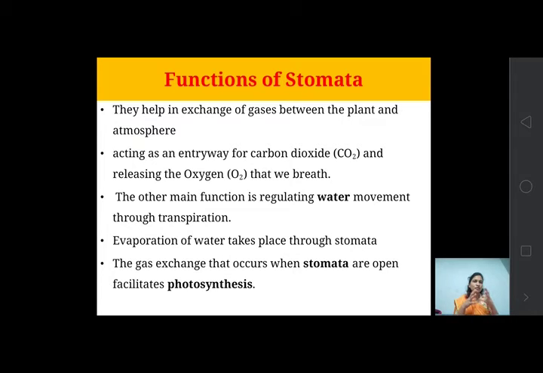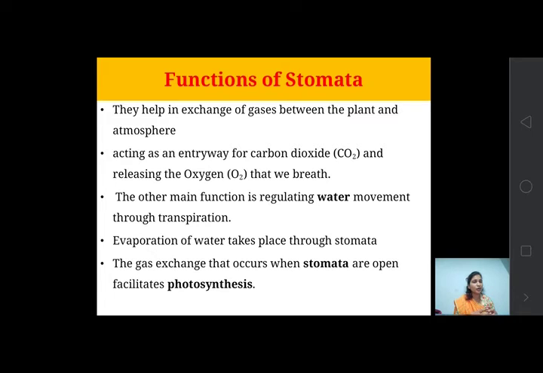This also helps in photosynthesis. This gaseous exchange is required in photosynthesis. During photosynthesis plants require carbon dioxide from the atmosphere. This carbon dioxide comes through this passage, the stomatal pore.